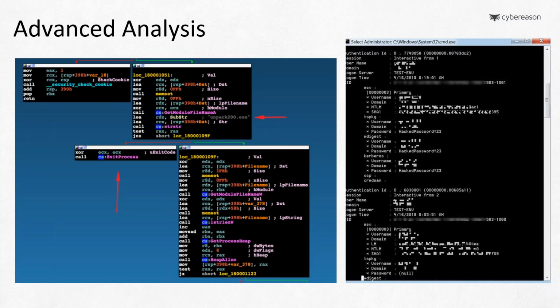Here, the attacker knows that no other executable would cause its DLL to do anything, so no indication would pop up that he didn't want to pop up, and only if used by unpack200, then would the malicious code, the Mimikatz code, run.